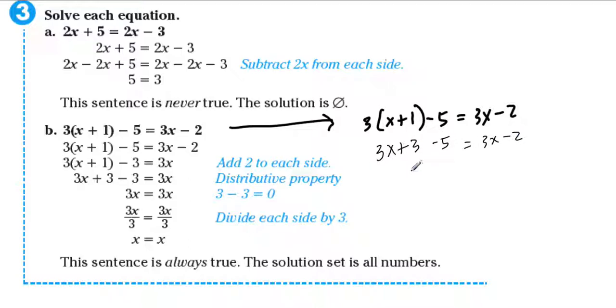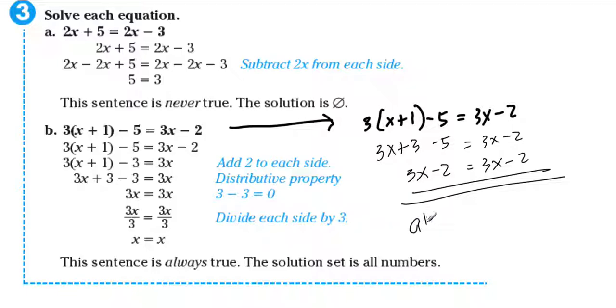Simplifying this whole thing, you have 3x minus 2 equals 3x minus 2. Here alone, you know right away that they're equal to each other. Whatever you do, you'll still end up with the same answer, x equals x. So the solution will be all real numbers. Okay? So any number that you substitute for x will make this equation true.